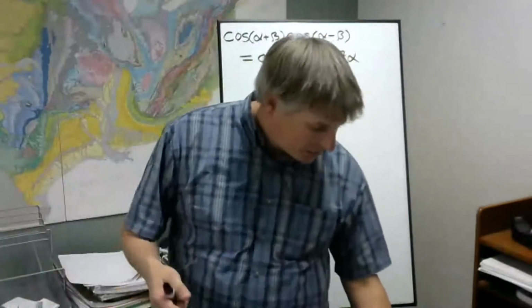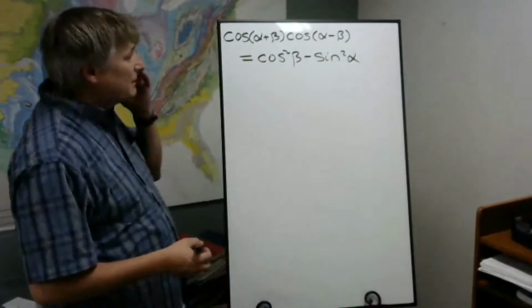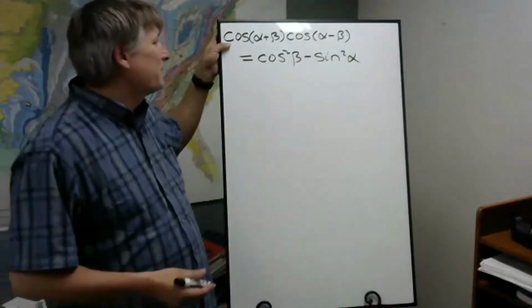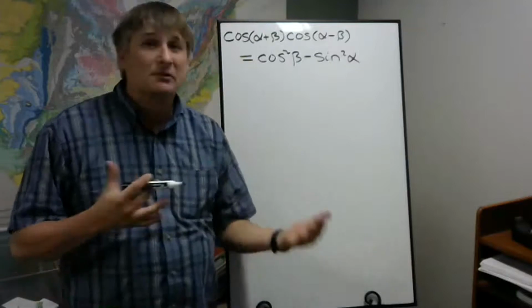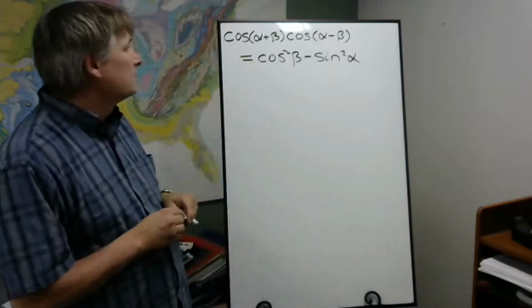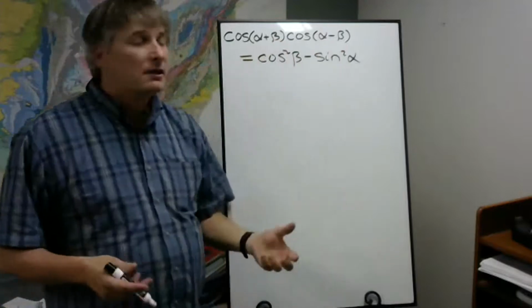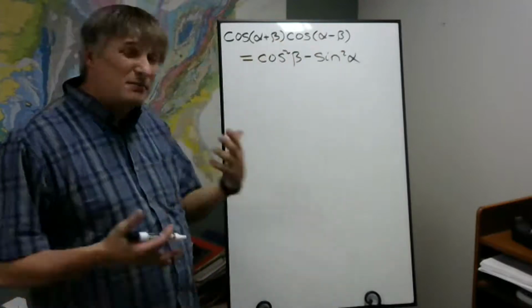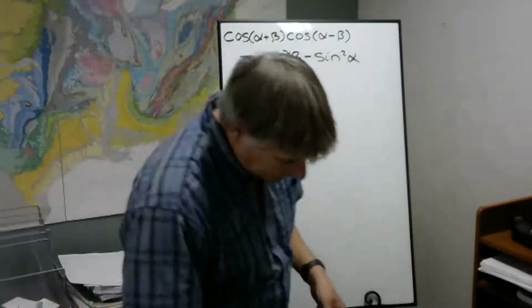So we go, okay, cosine of plus, cosine minus. So what I'm going to do here, I'm going to start with where it looks like we can make a substitution for sum or difference identities. We do have a formula for this. We do have a formula for that. And if we insert those formulas, it's going to make things a little more complicated and give us more to work with. So let's do that.